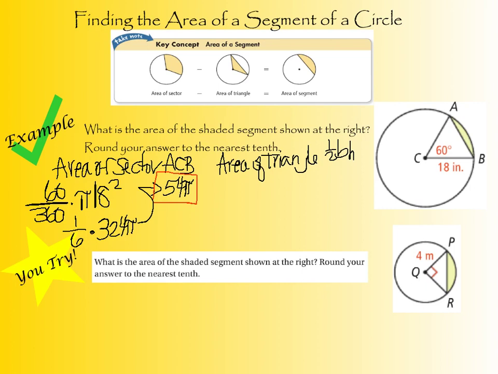So if we say our base is 18 right here, to figure out our height, that's pretty simple because now we dropped an altitude, which is 90. So we have a 30, 60, 90 triangle. So this is 30 right here. And half of 18, this half measurement will be 9. And that's my short side.